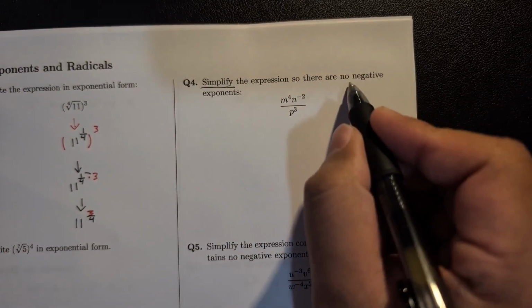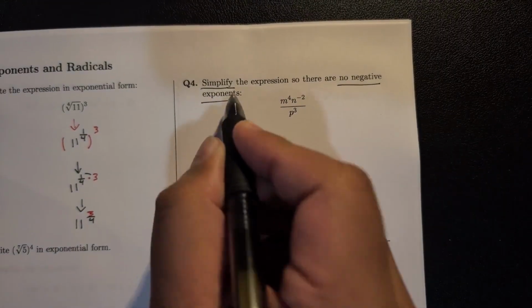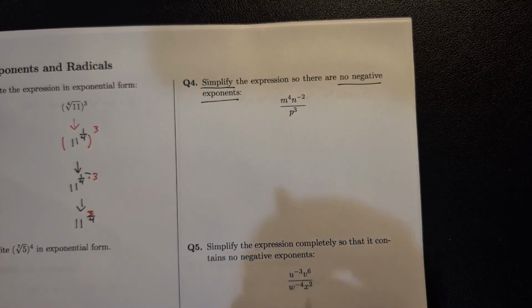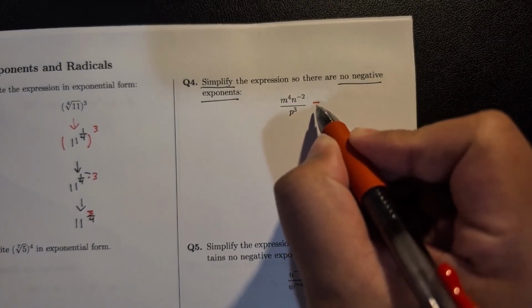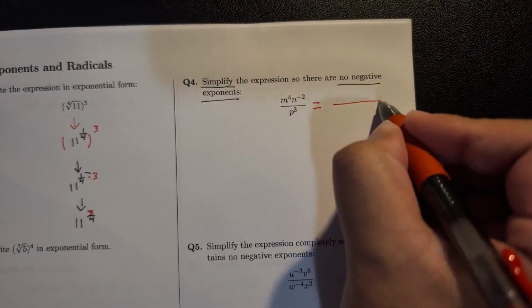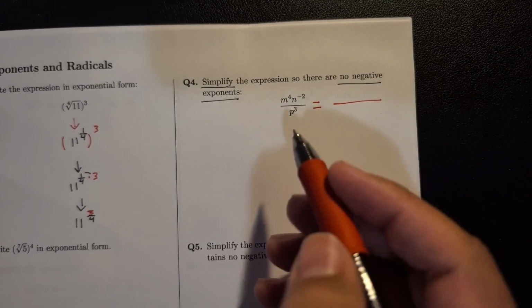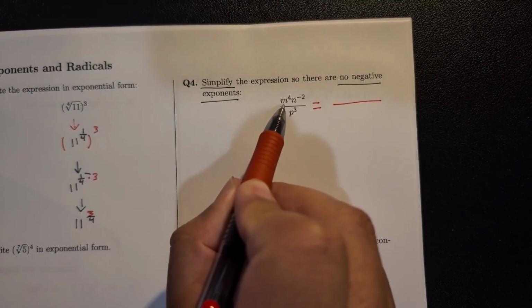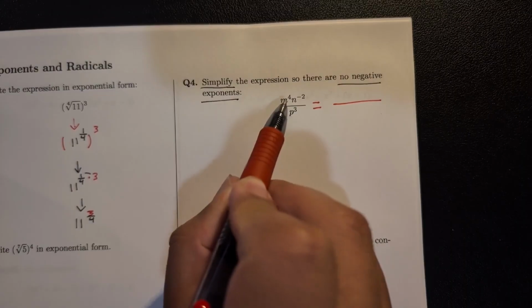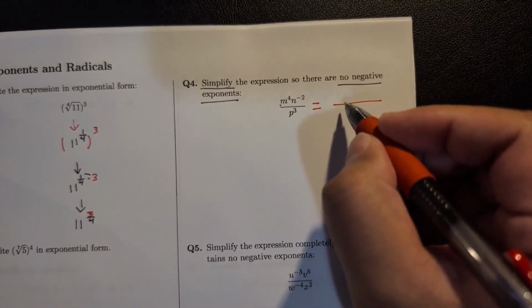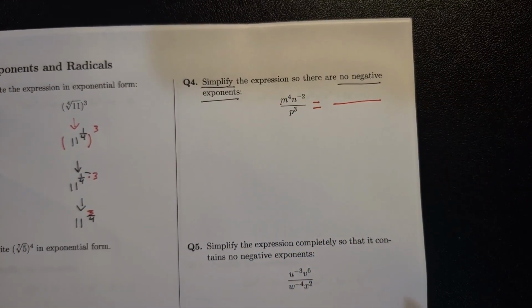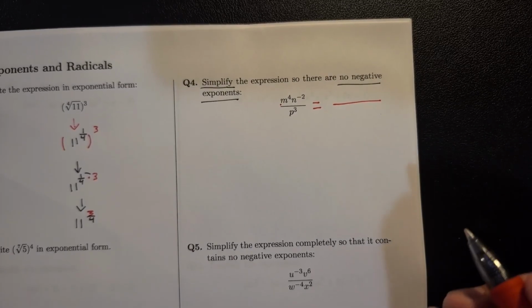Okay, now when I want to simplify the expression, this just means I don't want any negatives in my expression. So here we're going to set up our fraction, and then we're going to do one at a time. M to the fourth, this is a positive fourth. If it's a positive exponent, we do not move it from its location.